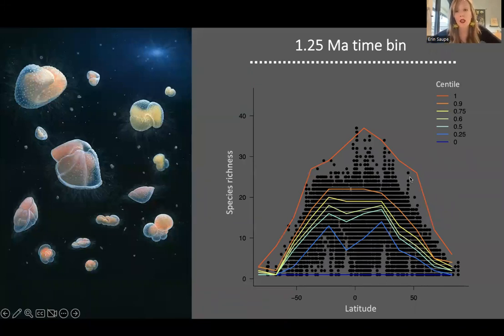In that approach, the point level richness estimates were binned to 15 degrees latitude, and then LDGs were constructed using the 75th percentile of the richness within each latitude by time bin. But again, choice of percentile didn't really affect the patterns much. You can see this here for the time bin centered on 1.25 million years. You still get the overall shape, but obviously the magnitude will vary.